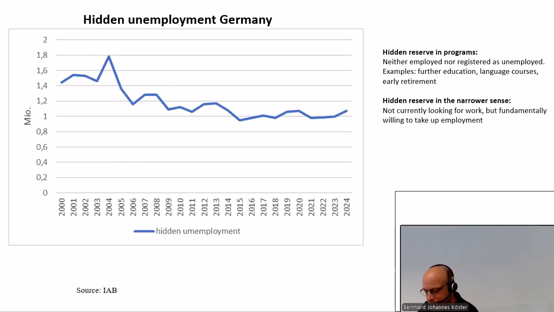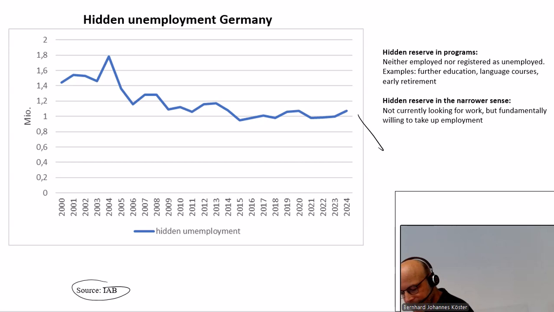And this is a German Labor Market Institute, and they provide this data. Of course, there is no common definition of who has to be counted and who has not to be counted, but to my opinion, they counted reasonably.